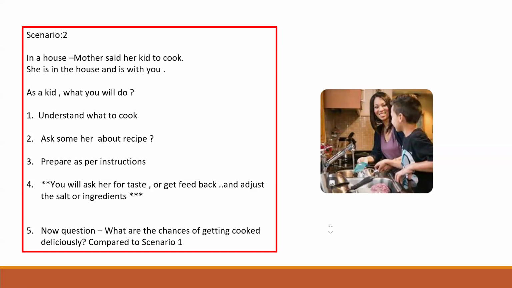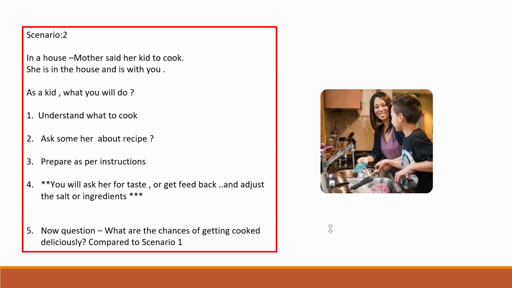Right. So yes, speaking of scenario two, unless the kid is an expert, scenario one can't be a good recipe, because in scenario one something was missing and we have something here. Okay, in scenario two, first of all, there is one person whom we can go and ask for something.